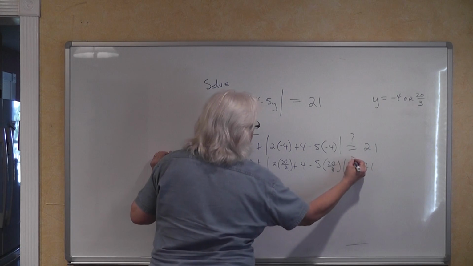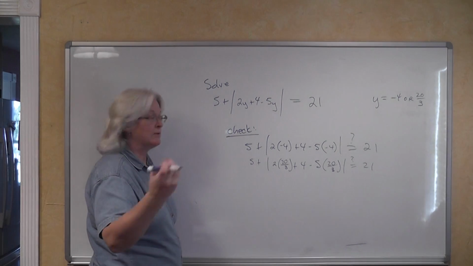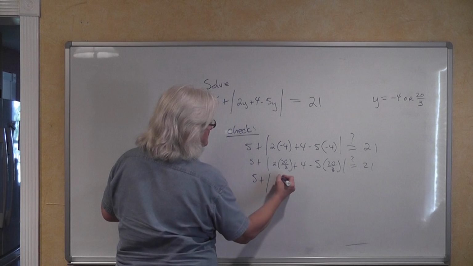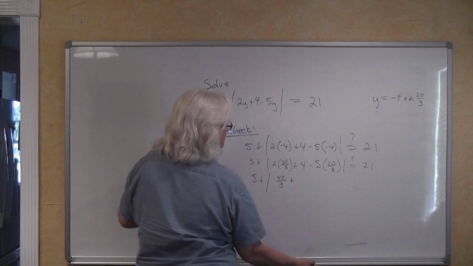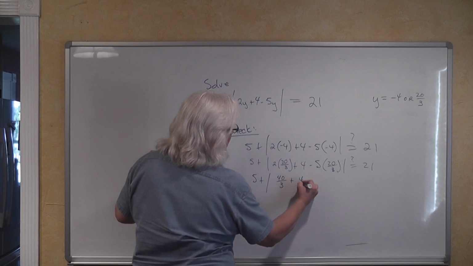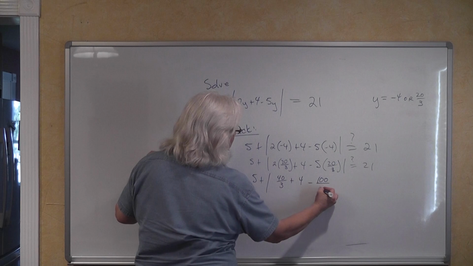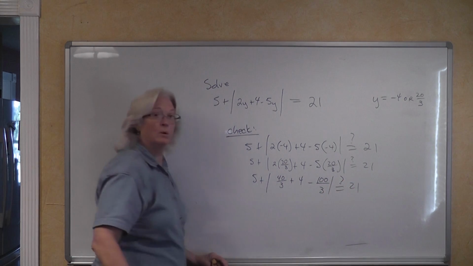Is that equal to 21? We're going to have to simplify within the absolute value bars. 5 plus the absolute value of 40/3 plus 4 minus 100/3. Is that equal to 21?